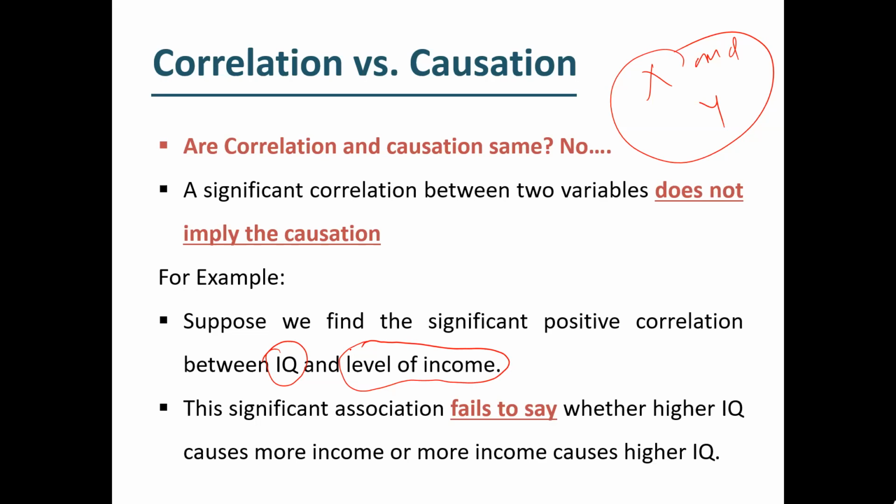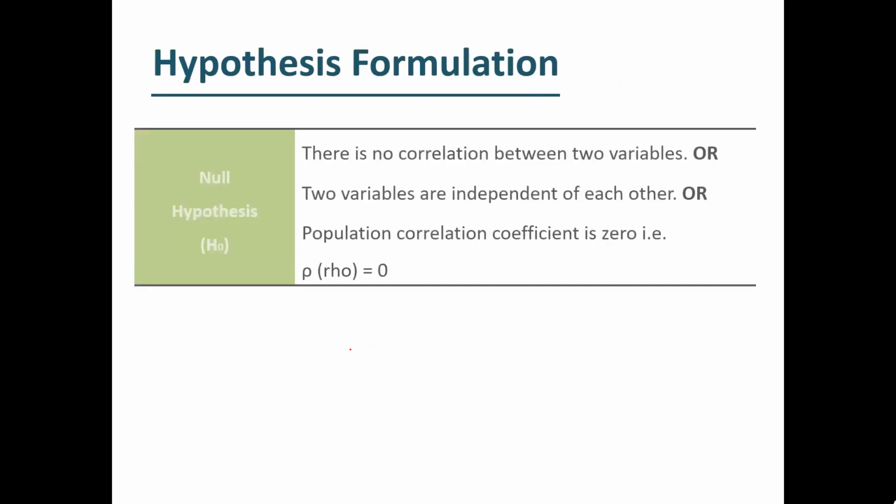So correlation and causation are different. Now, how to formulate the null and alternative hypothesis? What is the null hypothesis in this case?